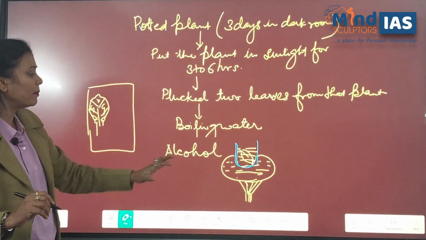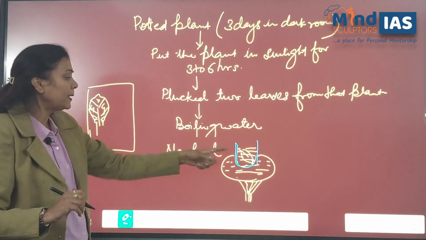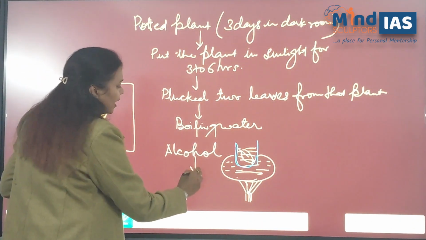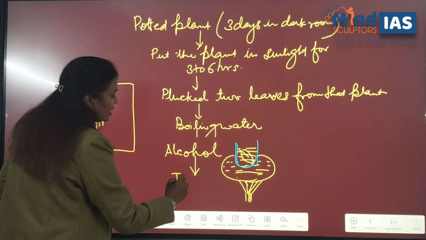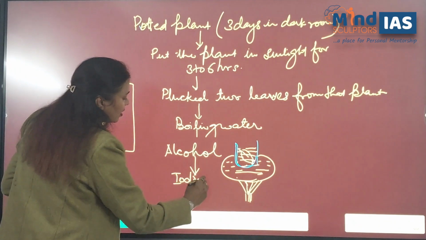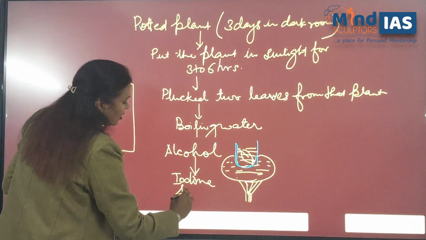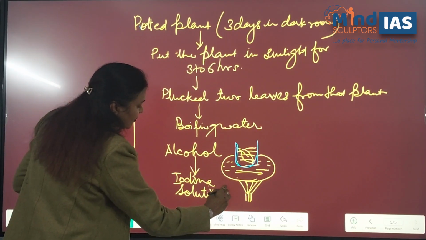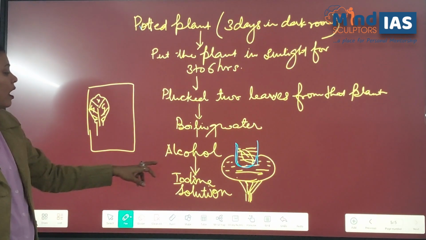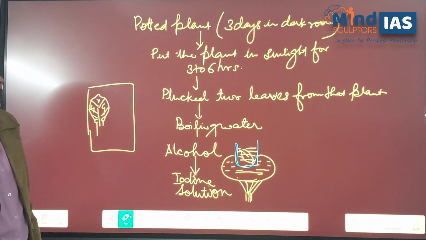After boiling for some time, we take out the leaf from the alcohol and we put the leaf into iodine solution.